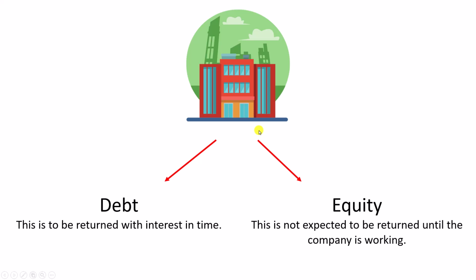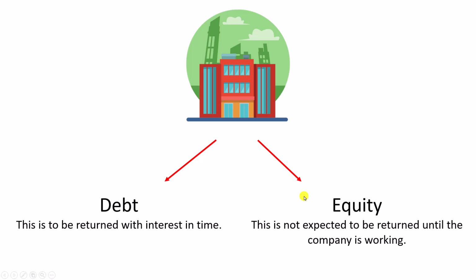Of course, the company uses it for its operations, that is, while it is working. When it closes down, it has to return it to the shareholders, and so it is considered as a liability because it doesn't really belong to the company, it belongs to the shareholders. Okay, so that is about debt and equity and why equity is considered as a liability. All right, I hope it is clear.